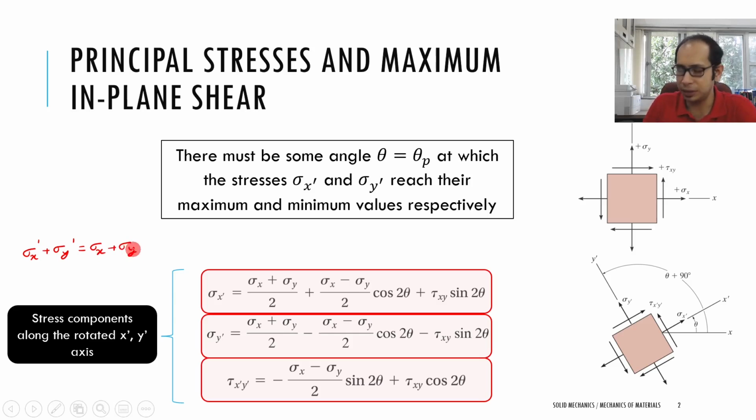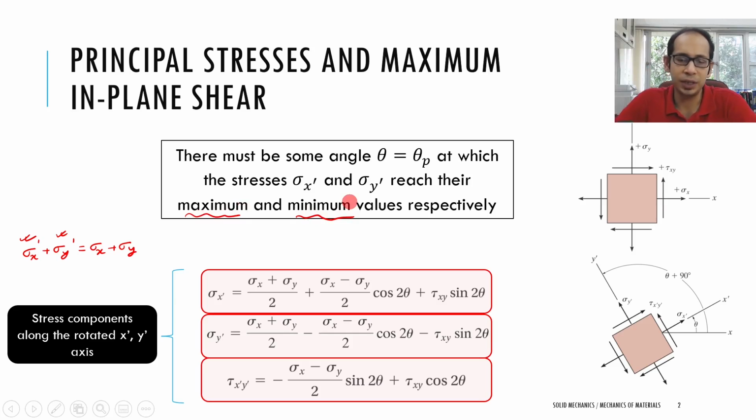So that means that if one of them is reaching its maximum value, the other one must reach the minimum value to always keep the sum a constant number that you initially started with, right? So this is important. That is why when one of them reaches its maximum, the other one must reach the minimum value.